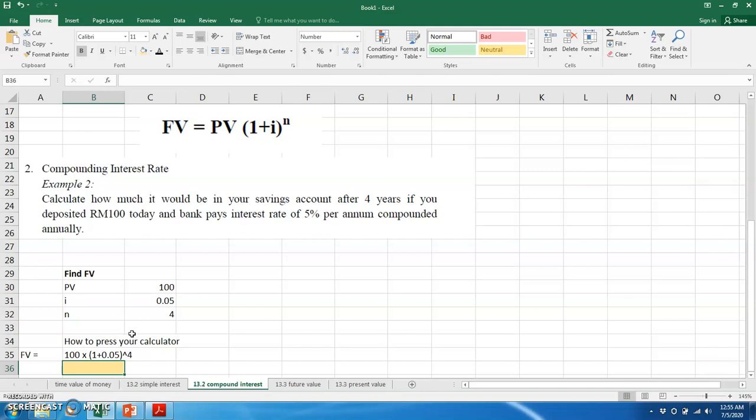This is how you press your calculator. This is how I press my keyboard. I'm sorry, because I don't have the calculator.